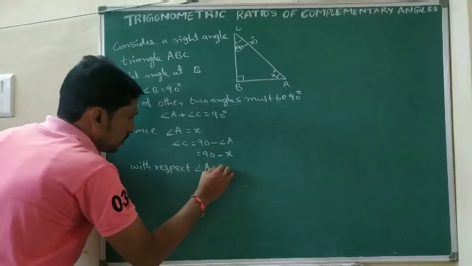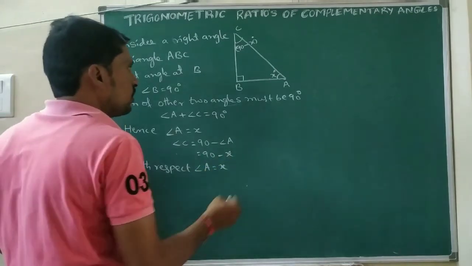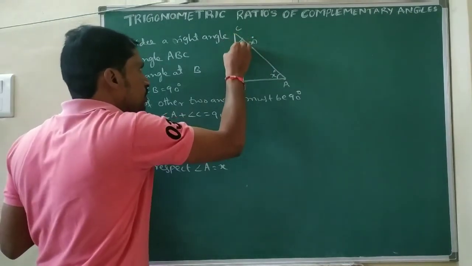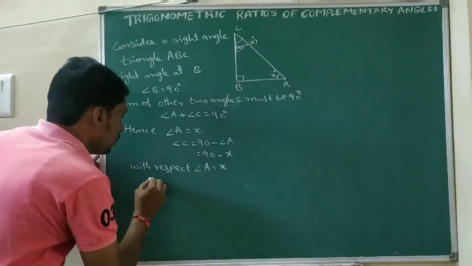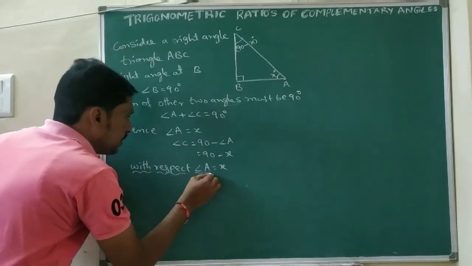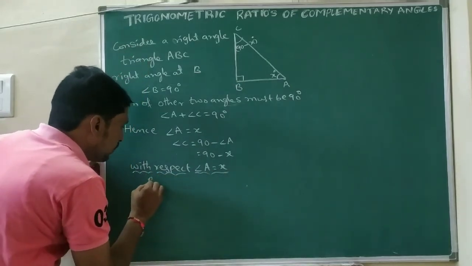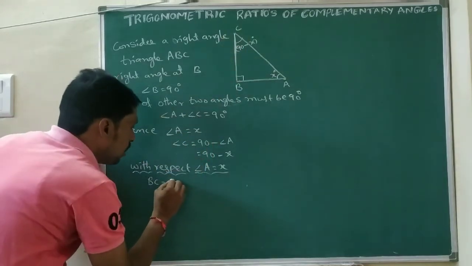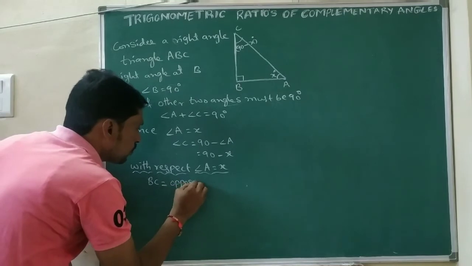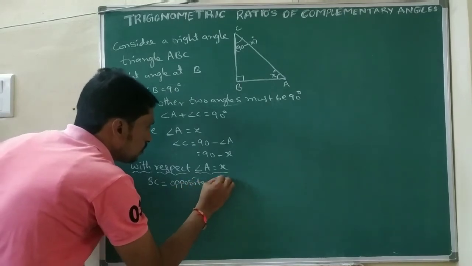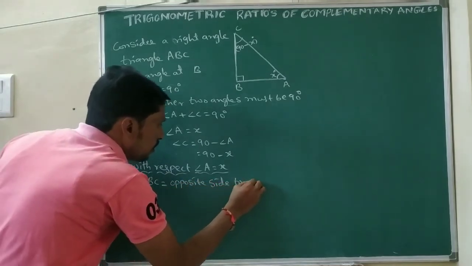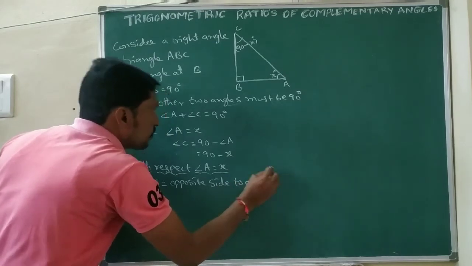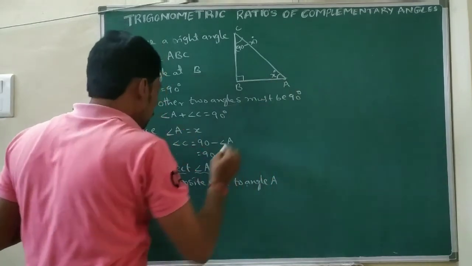Now you can take with respect to angle A equal X. So what is BC? With respect to angle A, BC is the opposite side to angle A. What is AB?